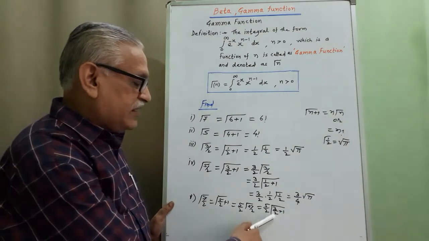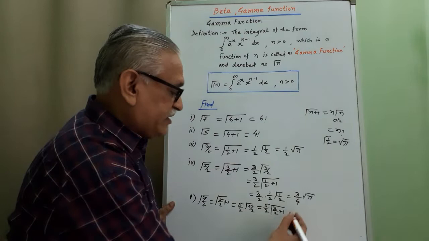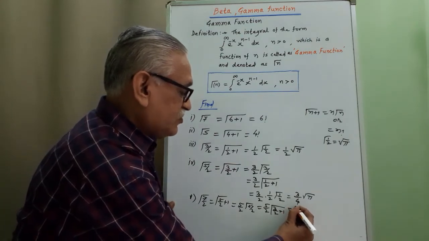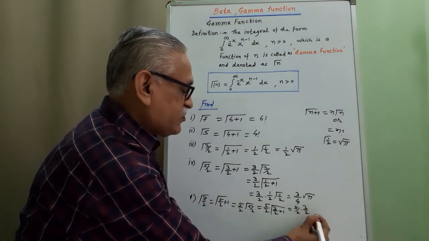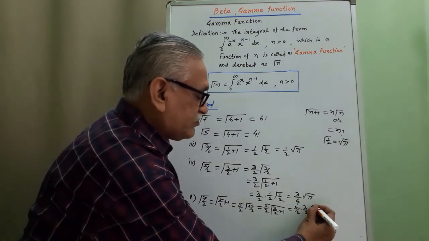Okay. Next, once again applying the same property, it is equal to Gamma of 5 by 2, n is here 3 by 2, and Gamma 3 by 2.